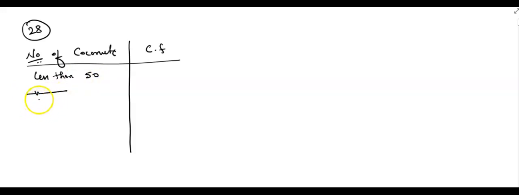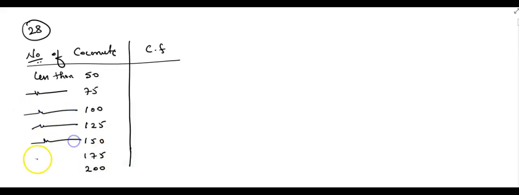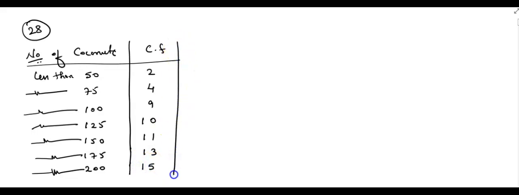You have to write full sentences. Less than 50, less than 75, less than 100, less than 125, less than 150, less than 175, less than 200. Got it? These are the less than values. Cumulative frequency is 2, 4, 9, 10, 11, 13, 15. This is our cumulative frequency.